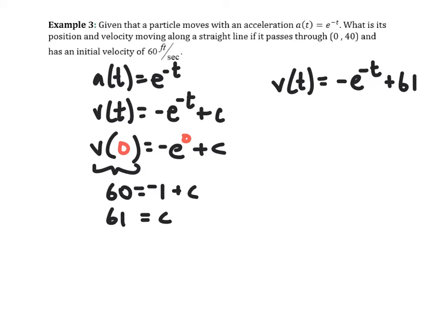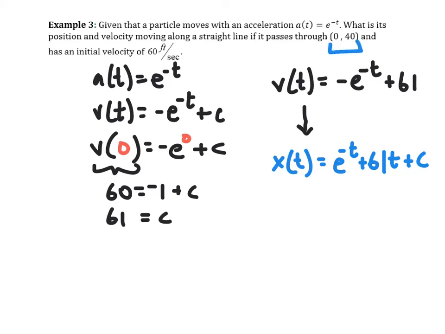Okay, now let's find x of t, which would be the integral of this. So x of t would be the integral of what we have here as v of t. So it would be e to the negative t plus 61t plus c. We know our initial position is 40, so x of 0 is 40.